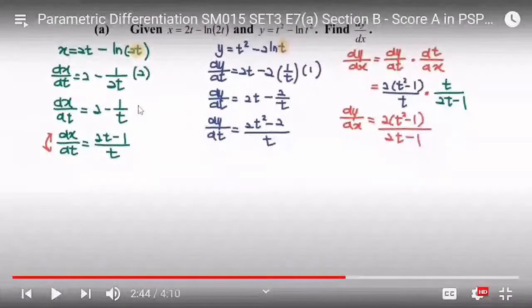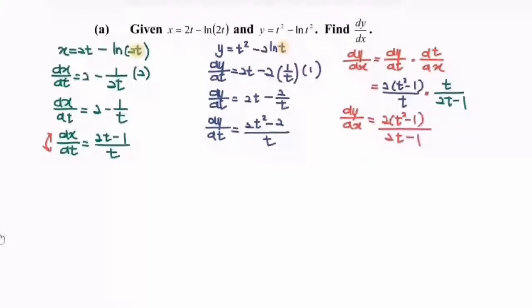Okay? Clear? So next, kalau sampai sini, apa yang you nampak? Atas T squared, bawah 2T minus 1. Atas power 2, bawah power 1. This is what we call improper fraction. So kalau improper, notice that it is an improper fraction.